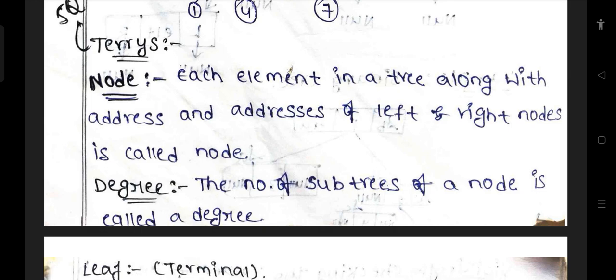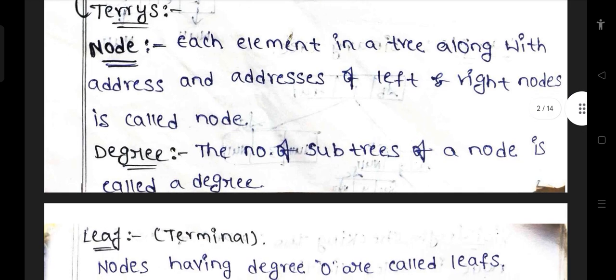Like that human family, the binary tree is also classified. So what are those? Node, degree, leaf. A node is each element in a tree along with the address of the left and right node. That means it consists of the relation with both the left node and the right node.